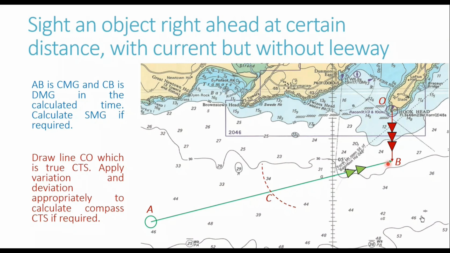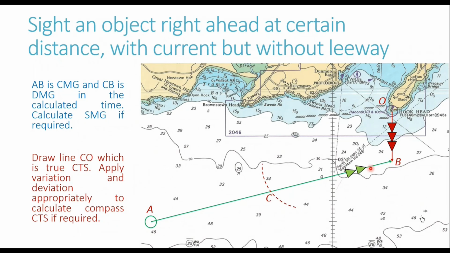If required, we can also find out our speed made good. Once you have the Charlie Bravo distance made good, you have the time also in which this distance has been made good. So we can calculate the speed made good of the ship while moving on this track if it is required.